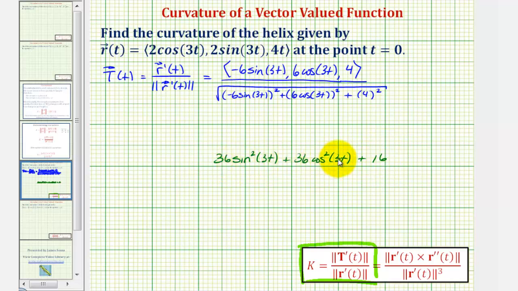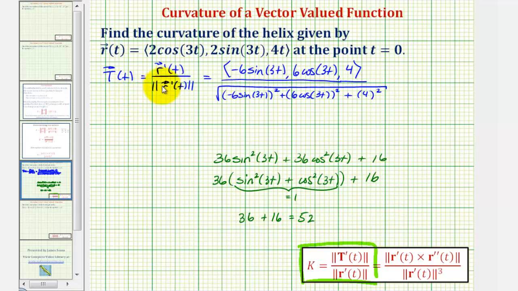Now looking at just these first two terms, notice how if we factor out 36, we'd have 36 times the quantity sine squared 3t plus cosine squared 3t. Then of course we still have plus 16. But because sine squared theta plus cosine squared theta equals 1, notice how this simplifies very nicely. So our radicand simplifies to just 36 plus 16, or 52.